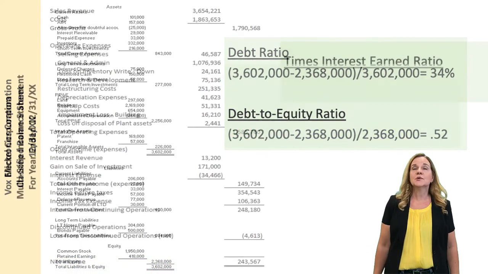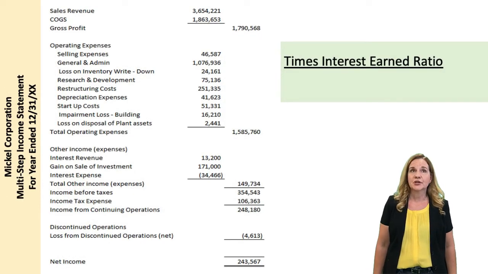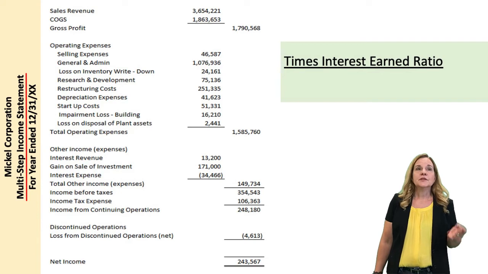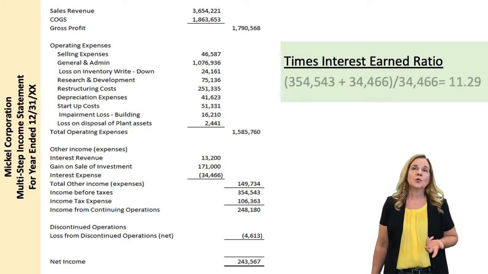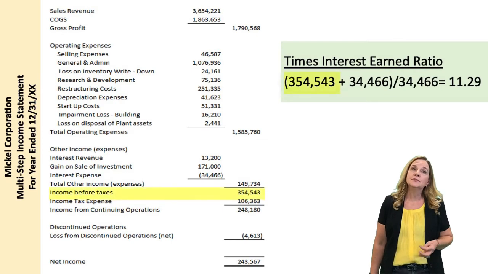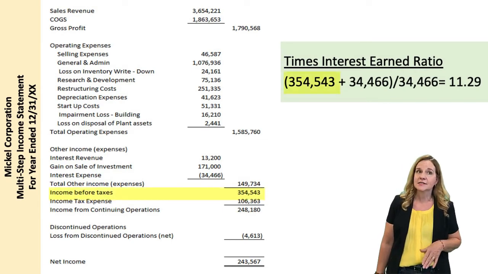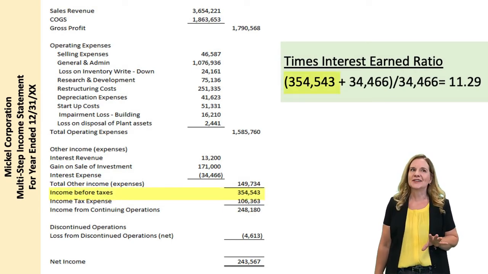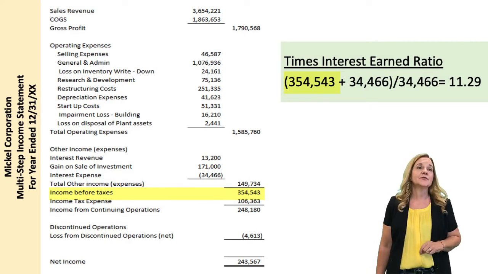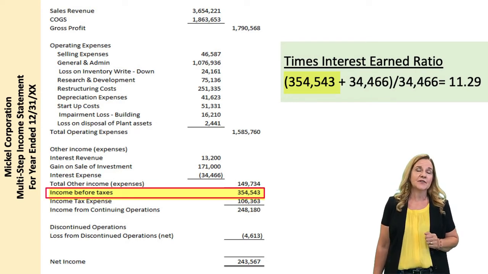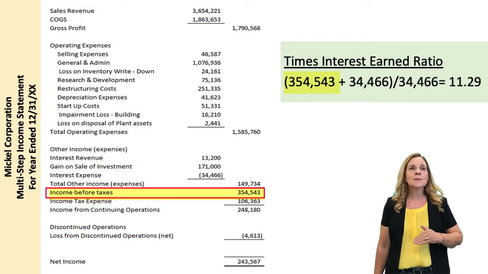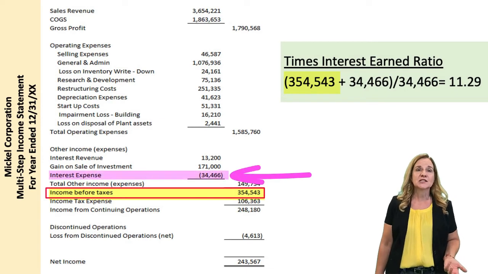The next ratio is the times interest earned ratio. All of these numbers come off of the income statement. So the numerator of the calculation that we're doing is going to be income before interest and taxes. Now sometimes this can be a little bit tricky. Okay, so we're looking at the income statement. We have a line for income before taxes, and that's the $354,543. Now to get to that number, we had to subtract out interest expense.